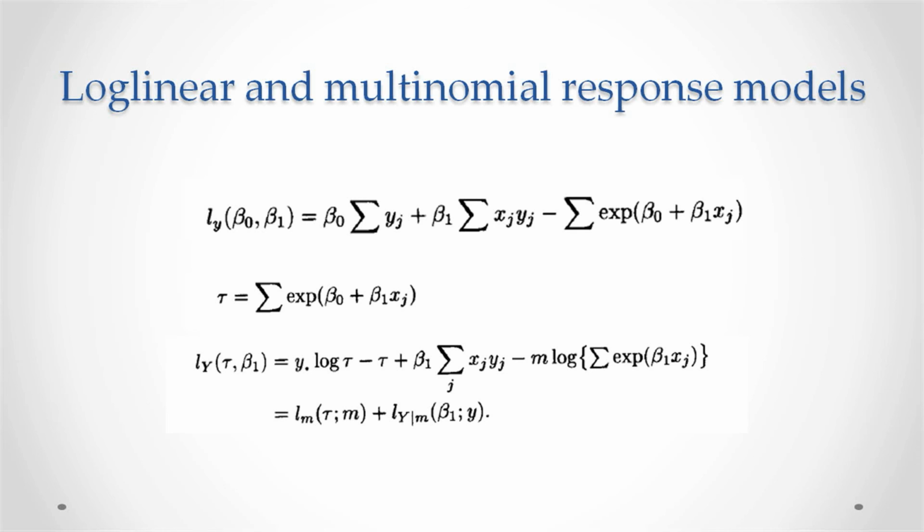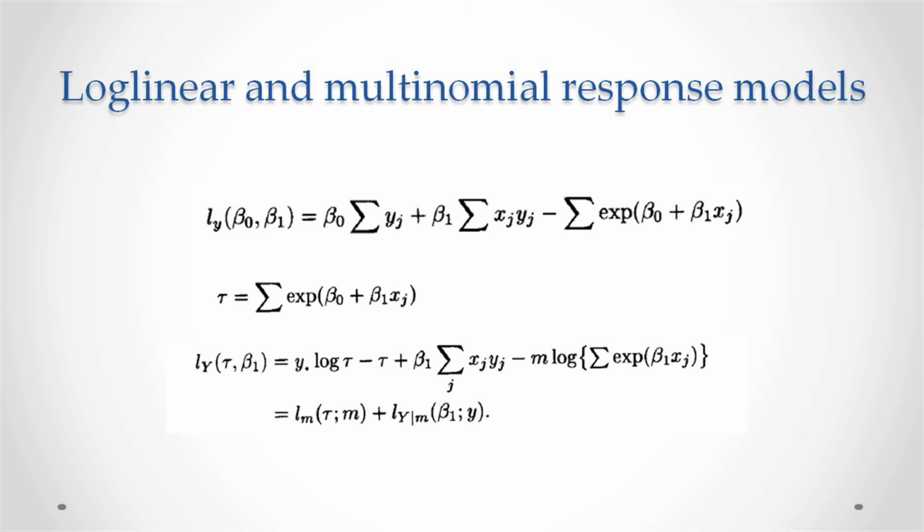The first term is the Poisson log likelihood for tau based on m. The second component is the multinomial log likelihood for beta based on the conditional distribution of y1 to yk given y0 equal to m, which follows multinomial with parameters m and pi, pi j being equal to e to the power beta 1 xj by summation exponential beta 1 xk.